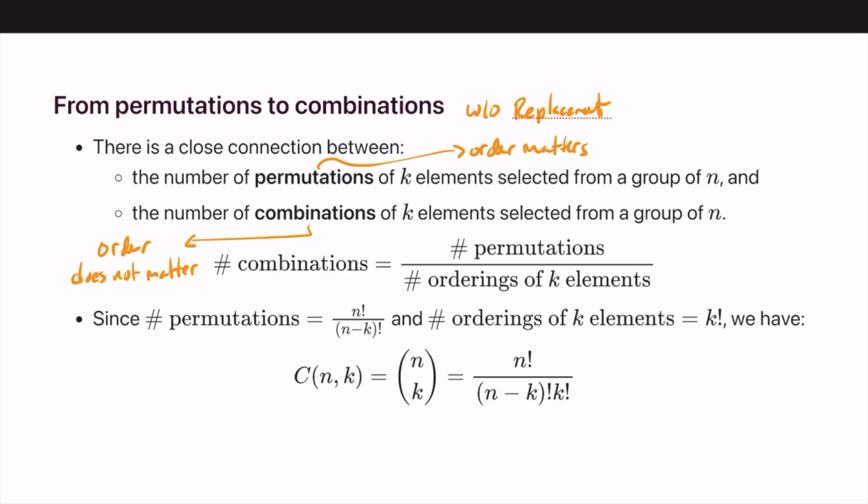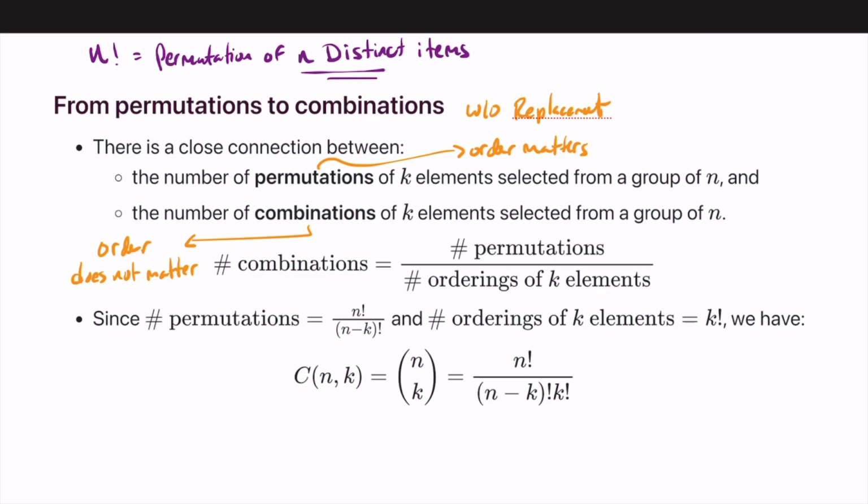And if we remember, n factorial is the permutation, but more importantly, it's the permutation of n distinct items. And that's really important. And we're going to have that over the number of orderings of k elements.